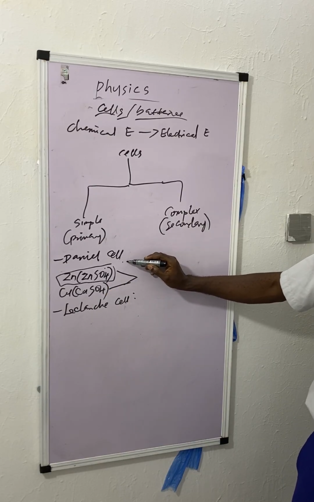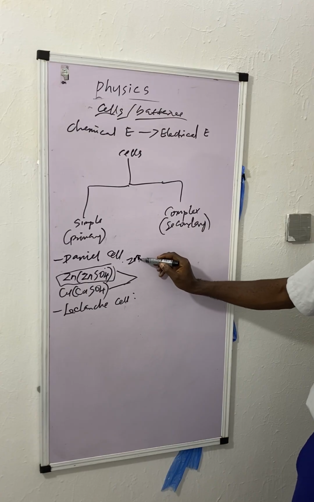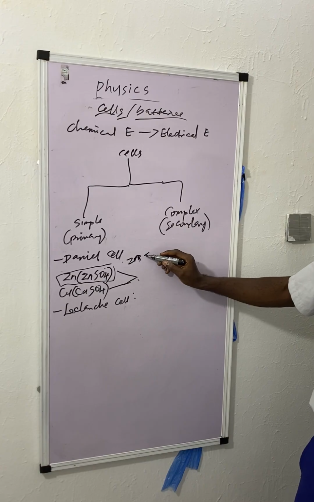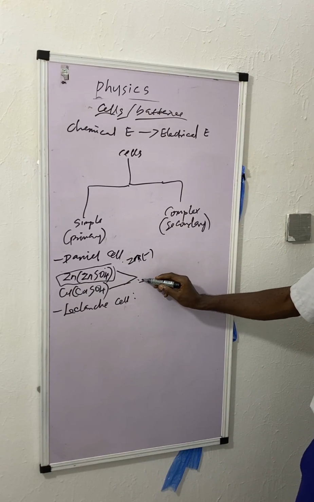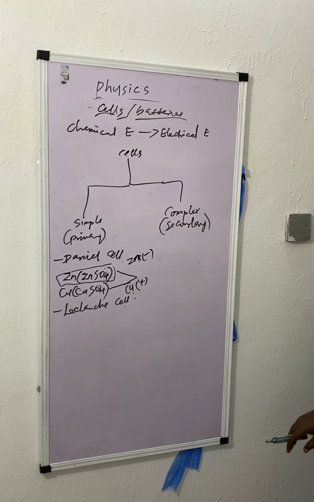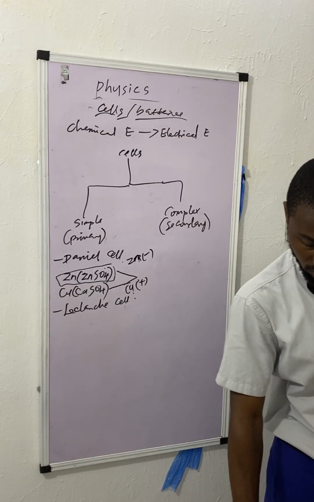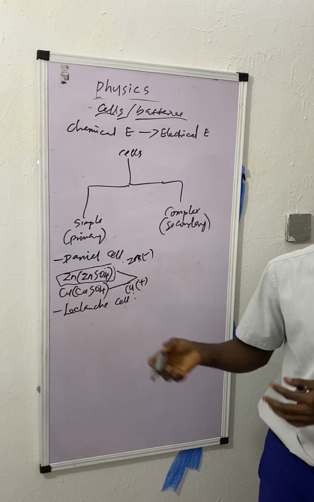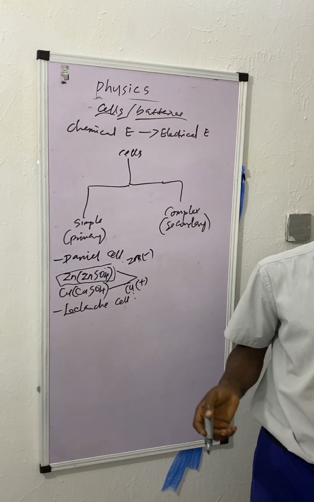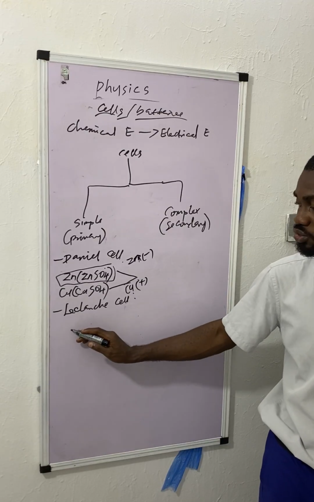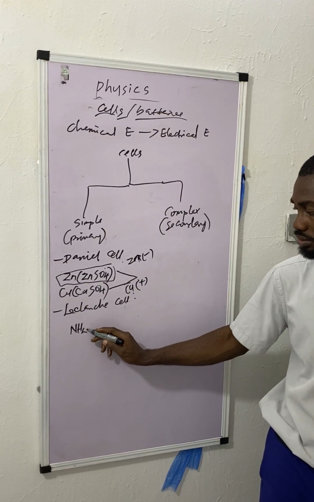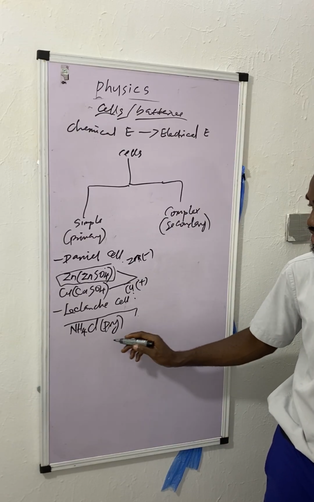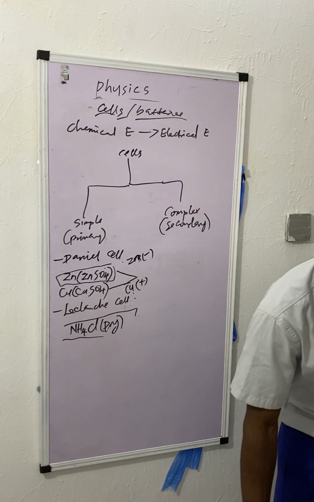Anode is negative, cathode is positive. There are two types: the wet Leclanche cell, which has a liquid electrolyte, and the dry Leclanche cell, which has an electrolyte paste. And what's the electrolyte paste? Ammonium chloride.